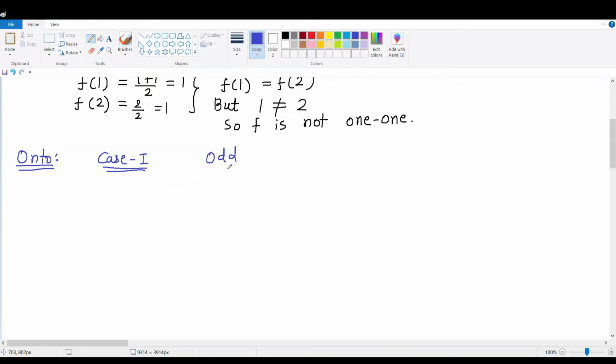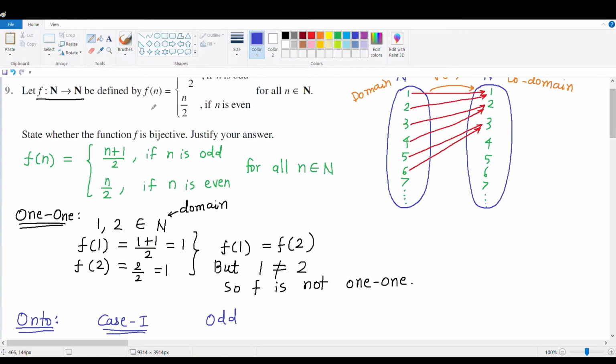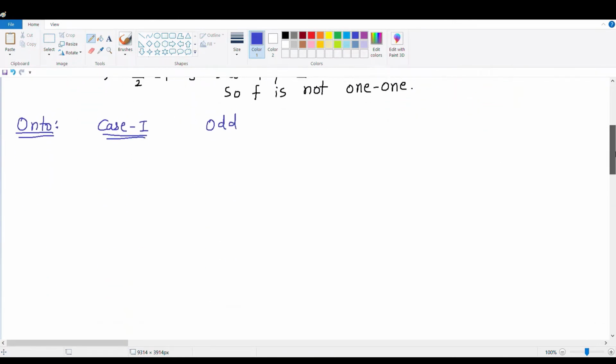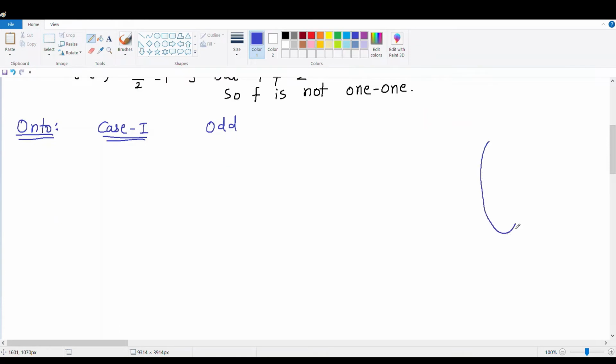So when it is odd, we know which equation we are going to use: f of n equals (n plus 1) over 2. So now, let me draw that diagram one more time. Going from N to N, and this function is f of n, and we are talking about onto right now.